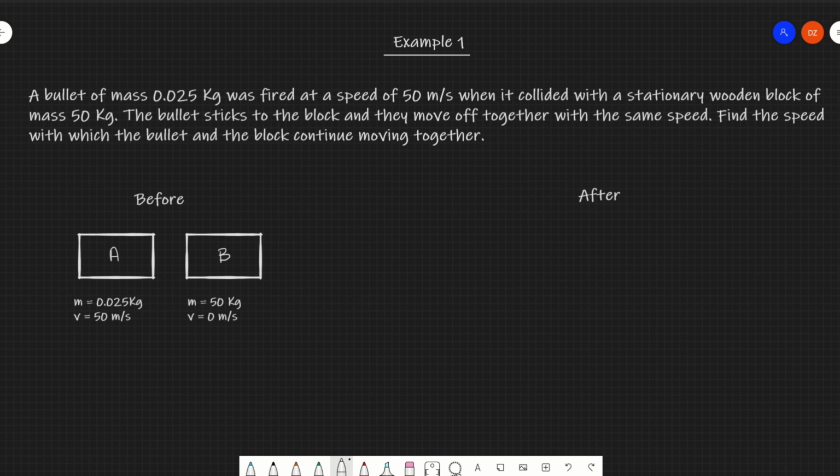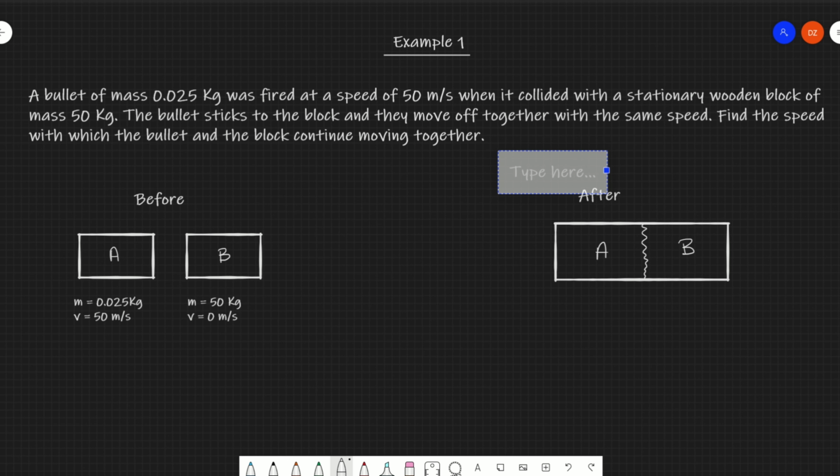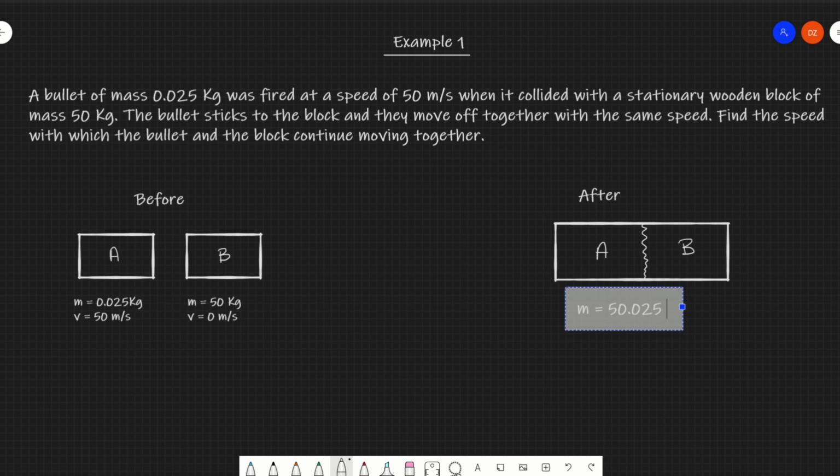And therefore, to represent that, we are going to draw one combined body, A and B. Body AB, or the combined two bodies, now has its respective mass, and the mass of both bodies combined together is equal to 50.025 kilograms, while the velocity with which the two bodies continue moving off together, we need to find that one.